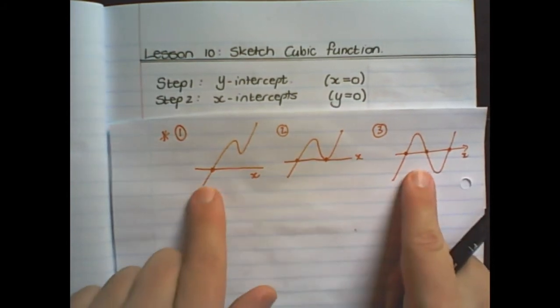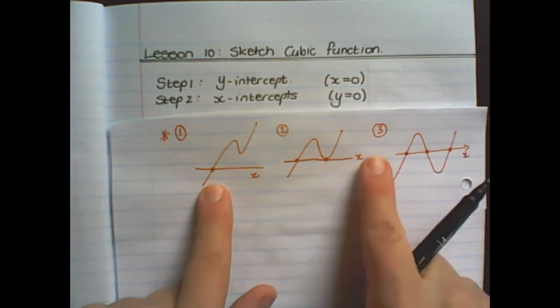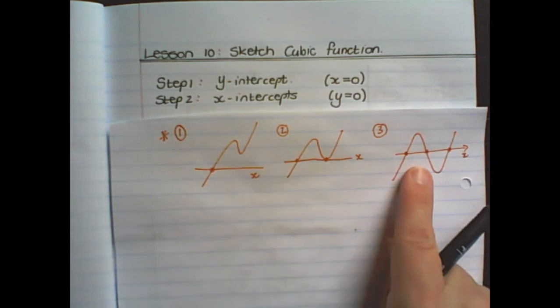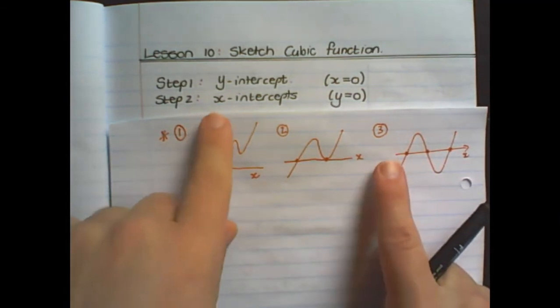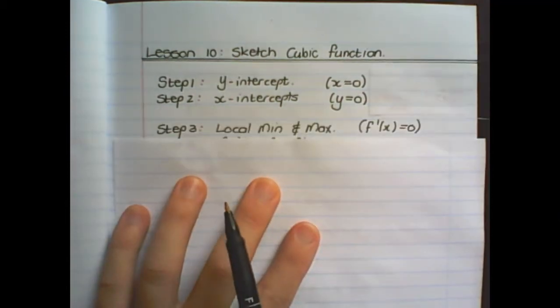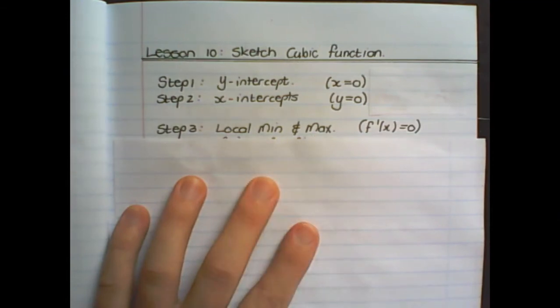So don't get nervous if you only find 1 or 2 x-intercepts, or even 3. These are all different variations of the x-intercepts that you can expect to find. Our third step would be to find the local minimum and local maximum points.